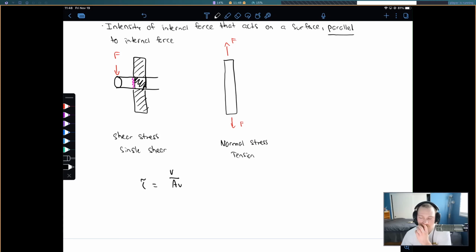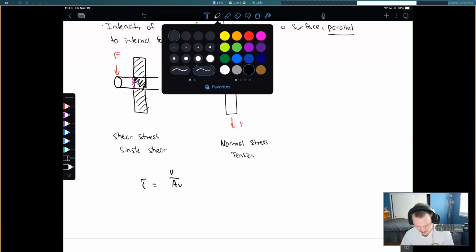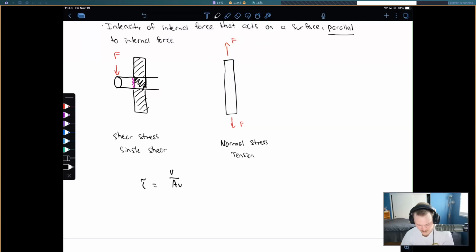All of those, I just mean the load. So tau is our shear stress, and V is our shear force.